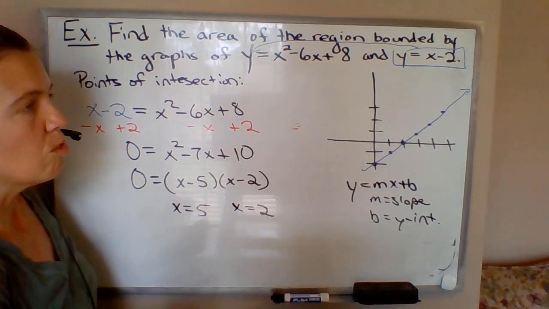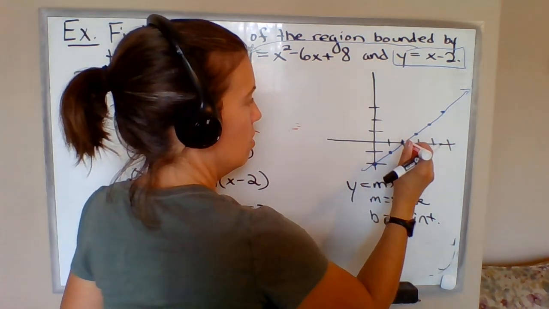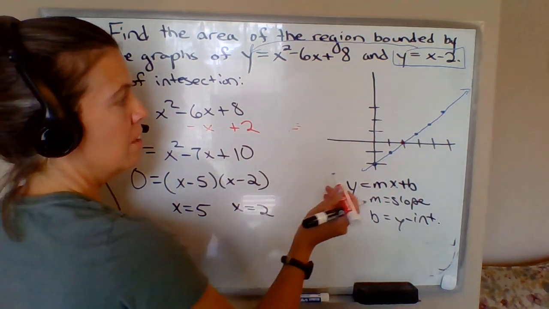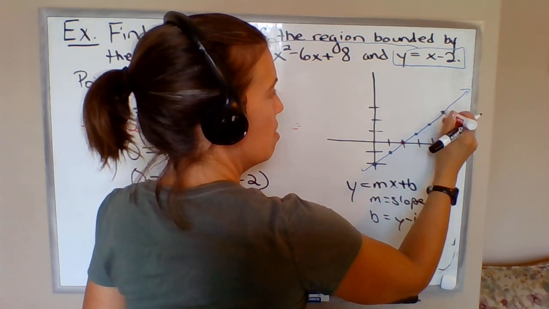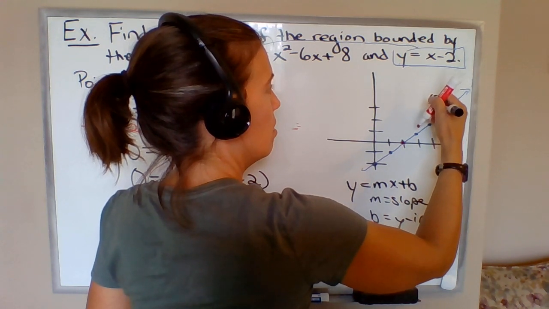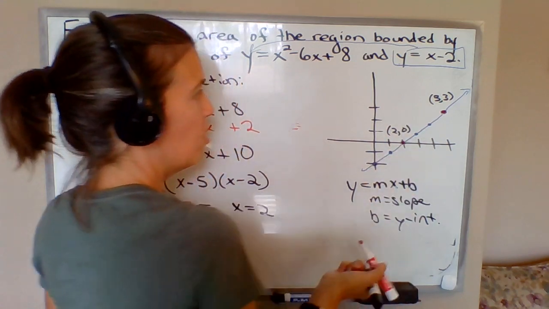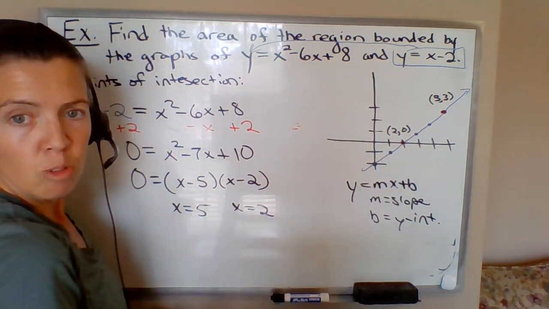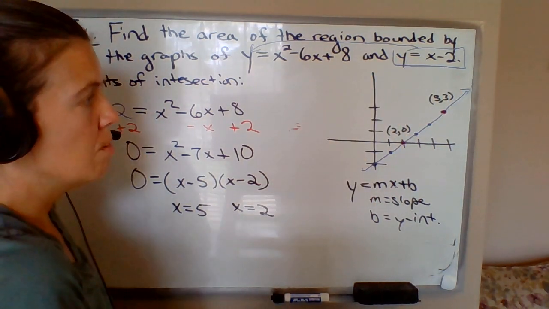So these graphs intersect when x equals 2, which is right here, and when x equals 5, which is 1, 2, 3, 4, 5, that happens to be this point right here at 5, 3. And this point here at 2, 0 are the points of intersection. You could stop and verify that those xy pairs satisfy each of these two equations, and they do.